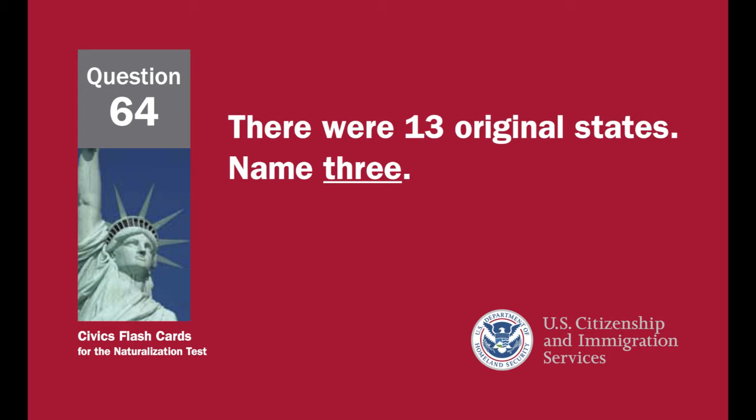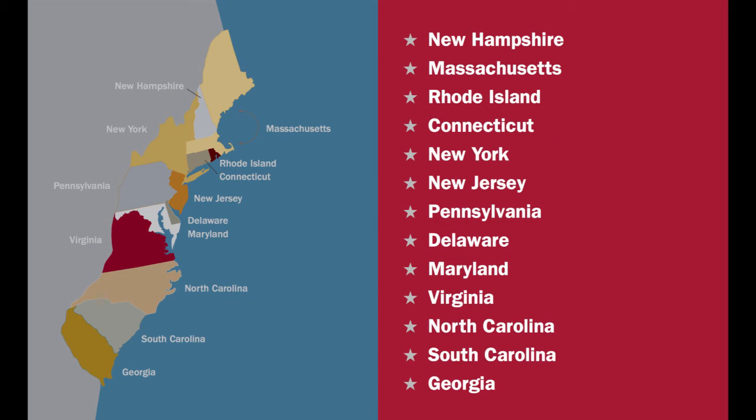Name 3. New Hampshire, Massachusetts, Rhode Island, Connecticut, New York, New Jersey, Pennsylvania, Delaware, Maryland, Virginia, North Carolina, South Carolina, Georgia.